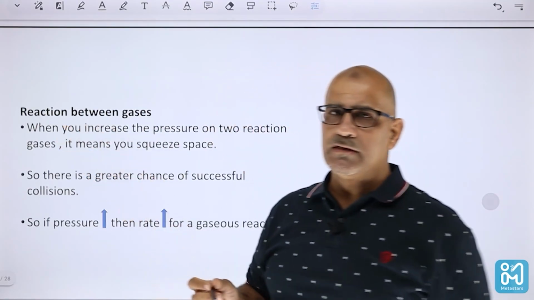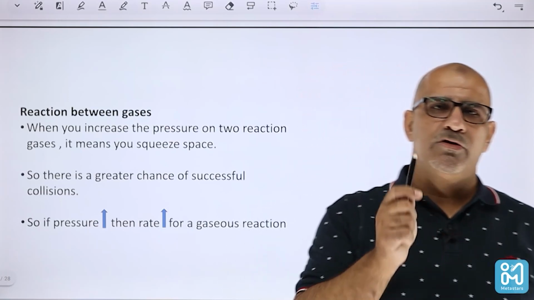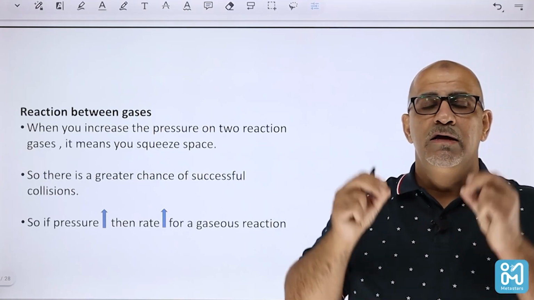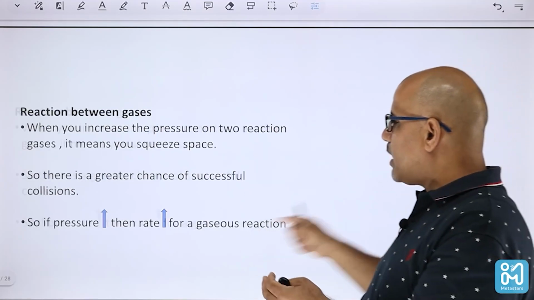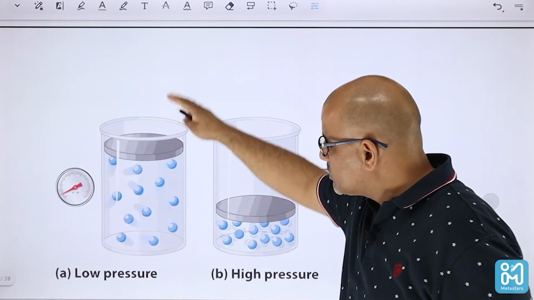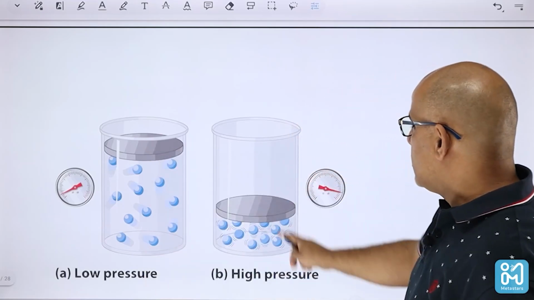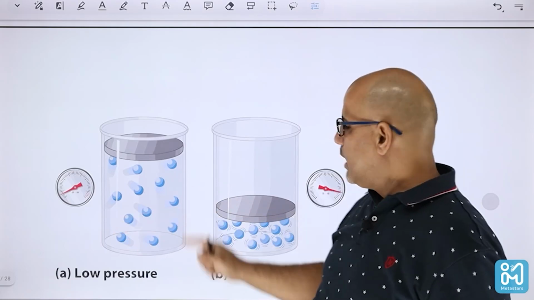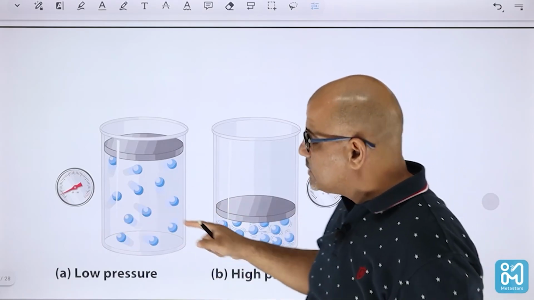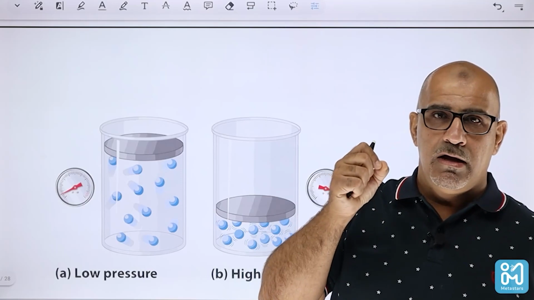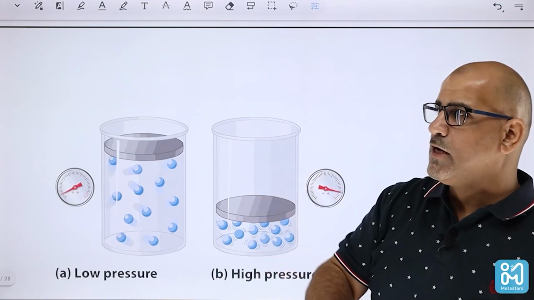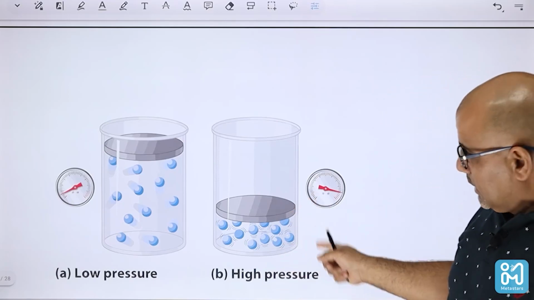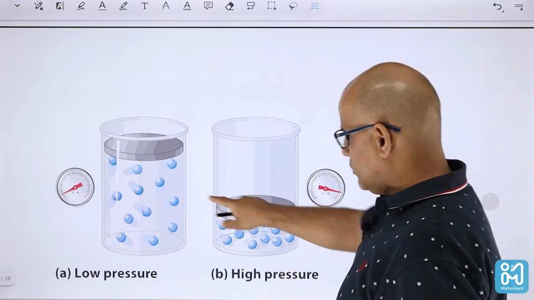For reactions between gases, the most common factor which affects them is the pressure, which is like the concentration. If you increase the pressure for gases, like squeezing this container, then there are more collisions between particles, and if we squeeze them, there is a higher probability, or higher chance, for successful collisions to take place.